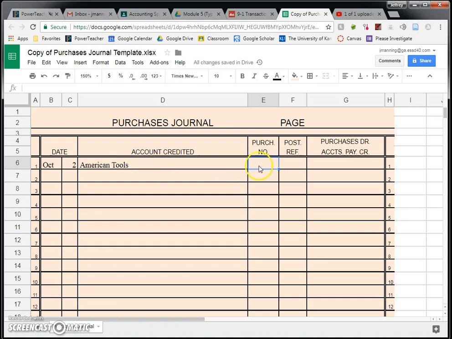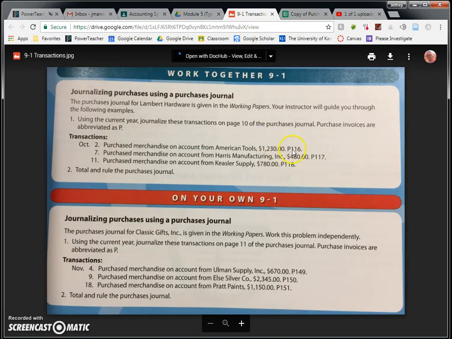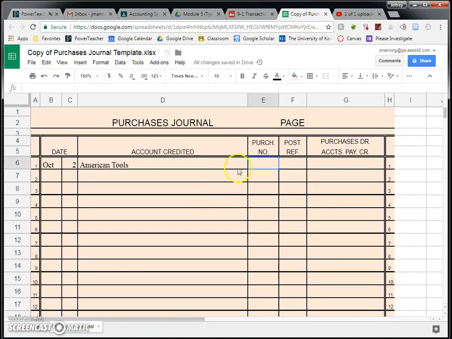All right, purchases number, that is this P right here. It's 116, so 116. Post reference, that's going to be after we post it into our ledger, so at the moment that's going to remain blank. And then finally, this last column. You will notice that in this particular journal, there is only one column for the debit and the credit. And of course, debits and credits have to equal. We already know that.